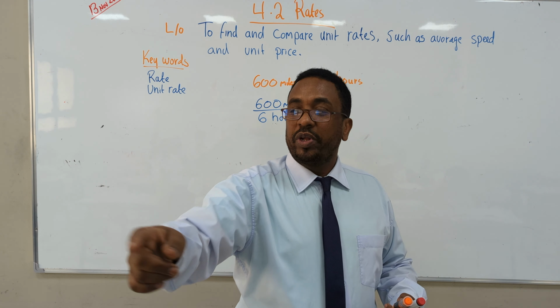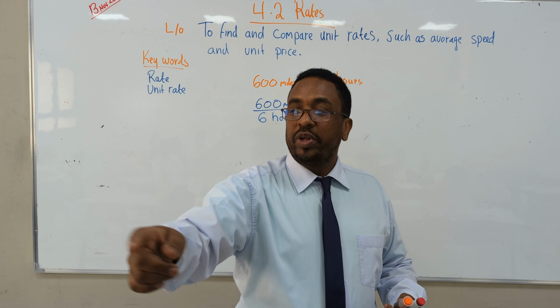If we divide both sides by 6, remember our aim is to make the denominator 1. So the only number we can divide by is 6. When simplifying fractions, we divide the same number on both sides.